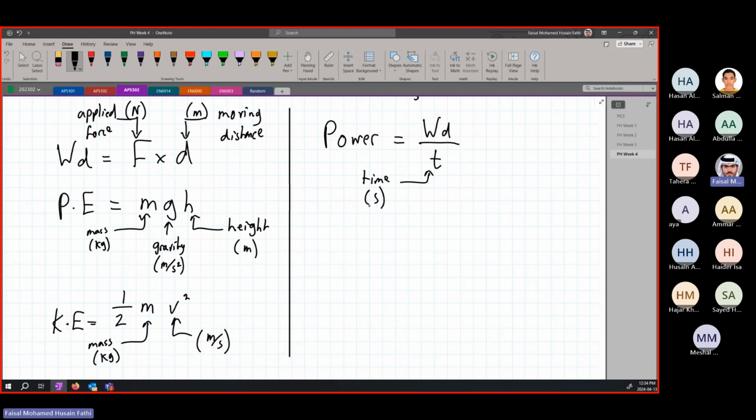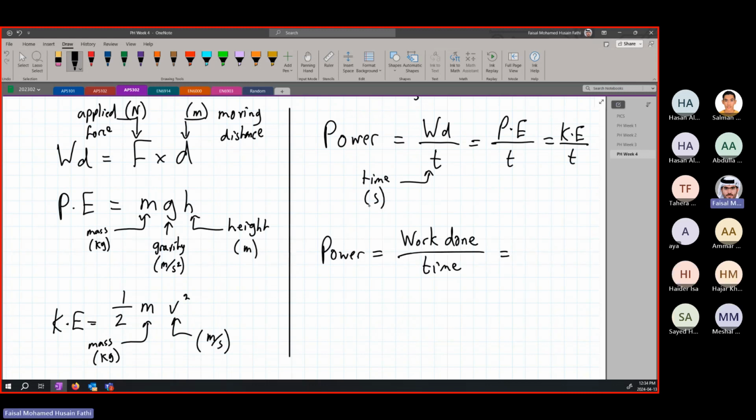That's it. This is what power is. Or you can also say it's the potential energy over time, or the kinetic energy over time, depending on the type of question, because remember, power is simply work done over time, or energy over time.